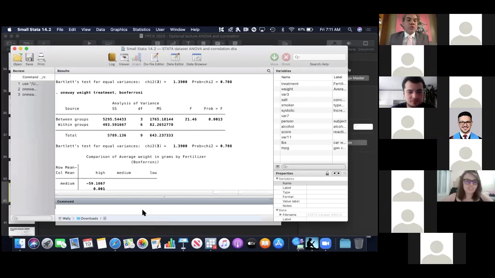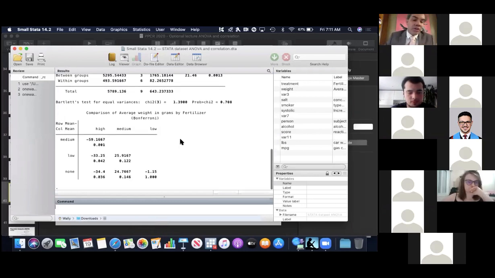Now I don't use the one-way command, but I use the ANOVA command, because the one-way is only for one way. The ANOVA command is a more general command that you can use also for one-way, for two-way, for repeated measures, for all the types of parametric ANOVA. I put my outcome or my dependent variable first, which is systolic.